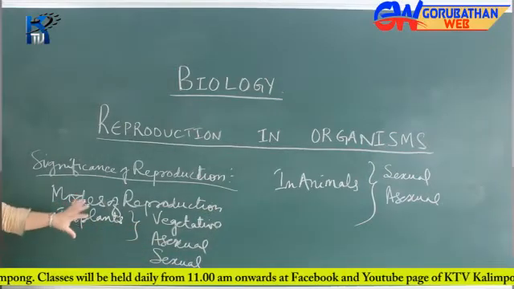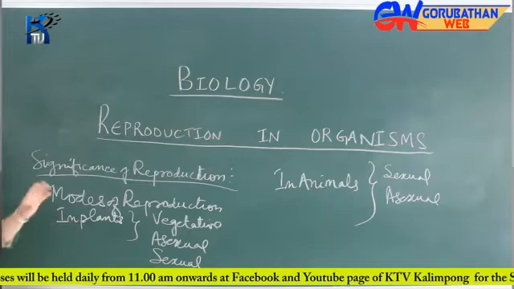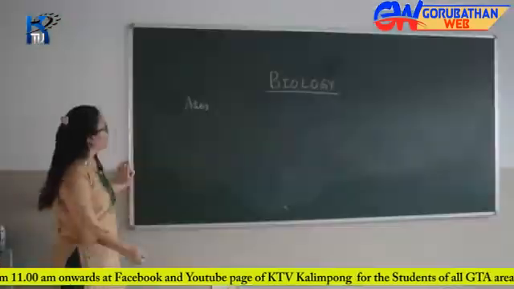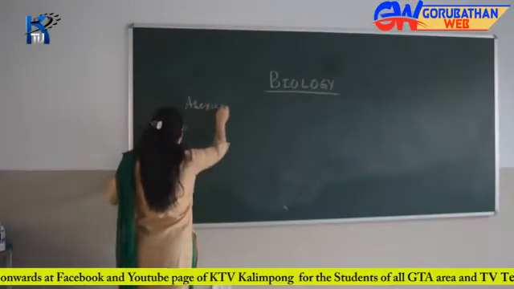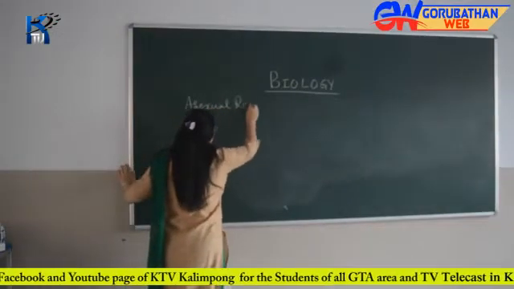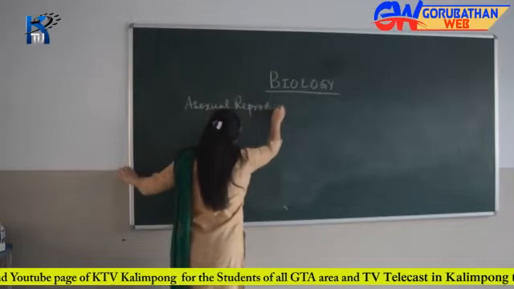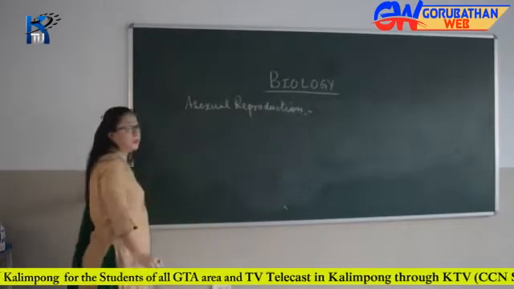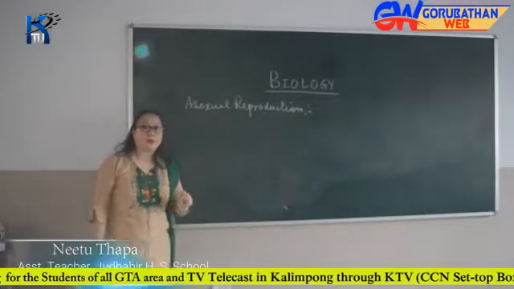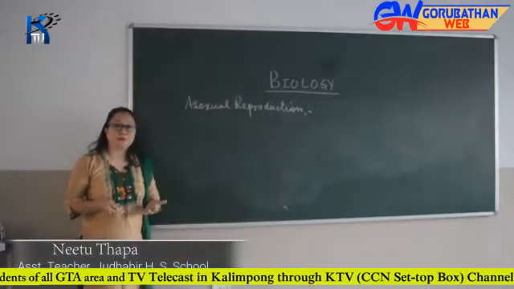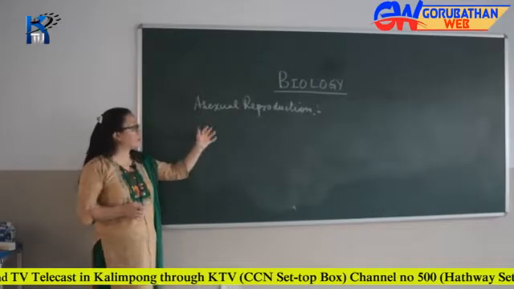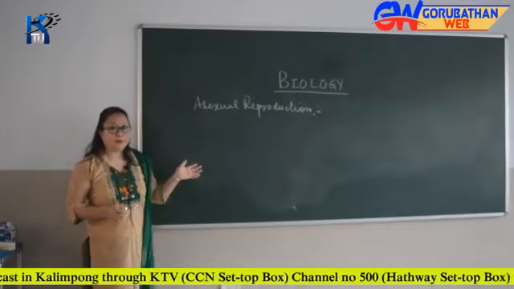So there are different types of reproduction, but I mainly focus on asexual reproduction. So what is asexual reproduction? When the organism reproduces without the fusion of gametes, that is called asexual reproduction.